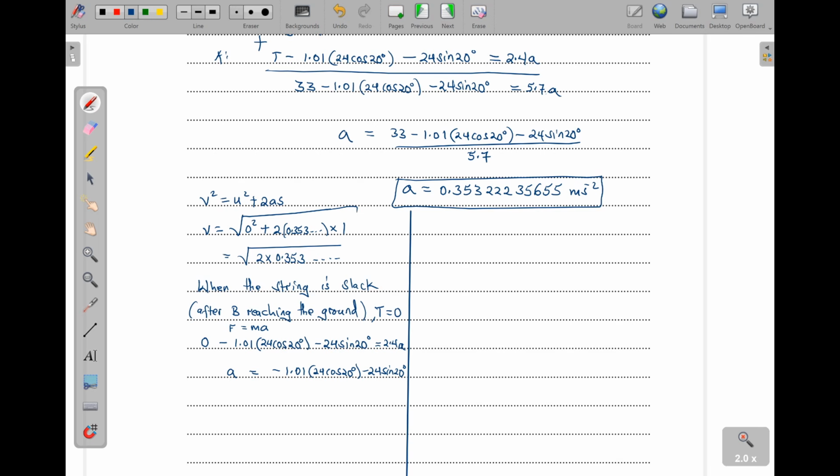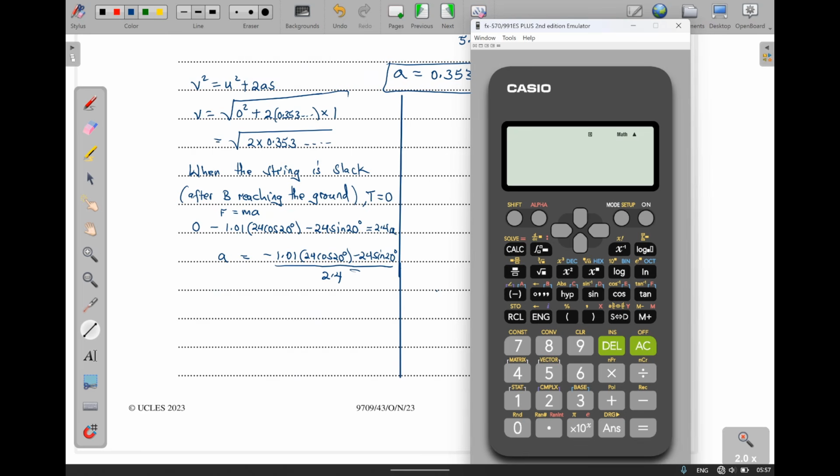Then we divide by the 2.4. We can have negative 1.01 into 24, then cos of 20, then after we subtract 24 sine of 20.